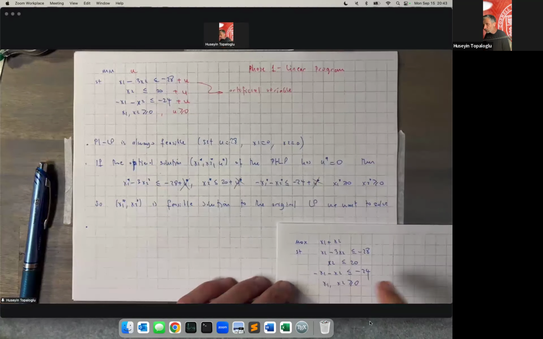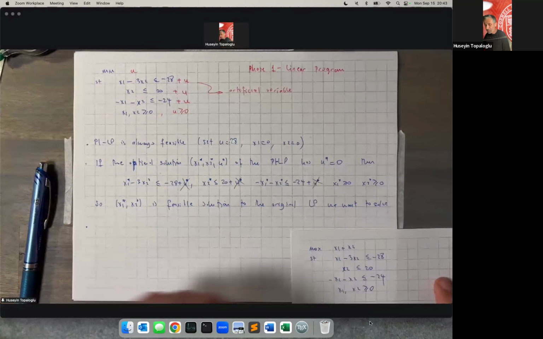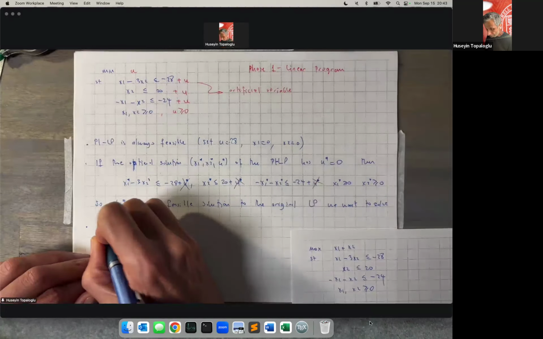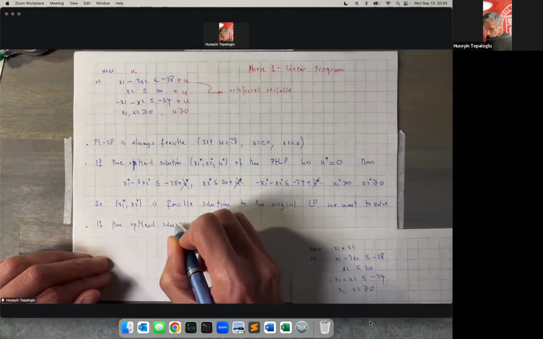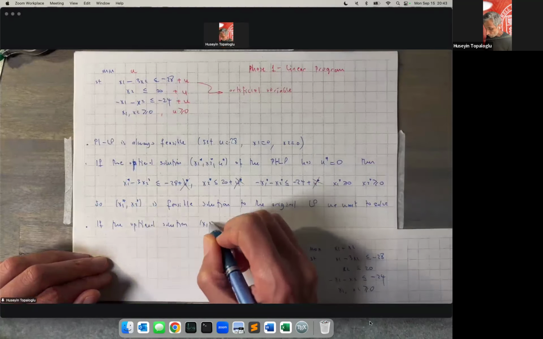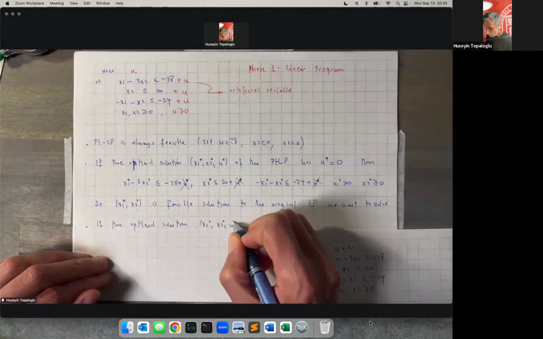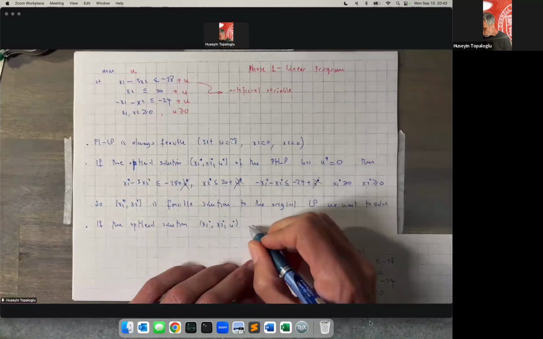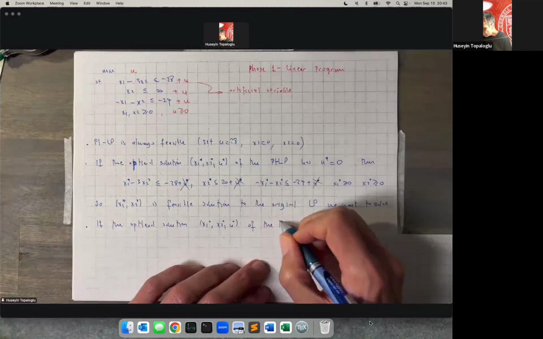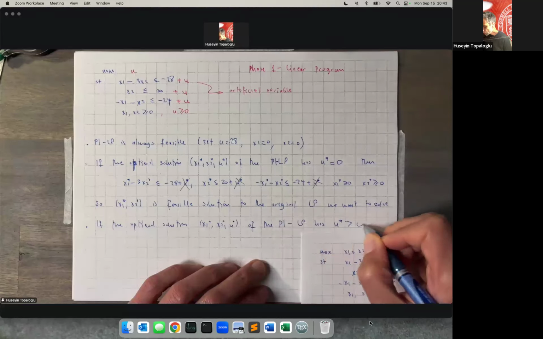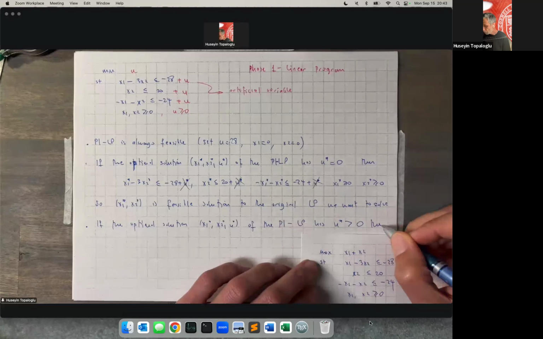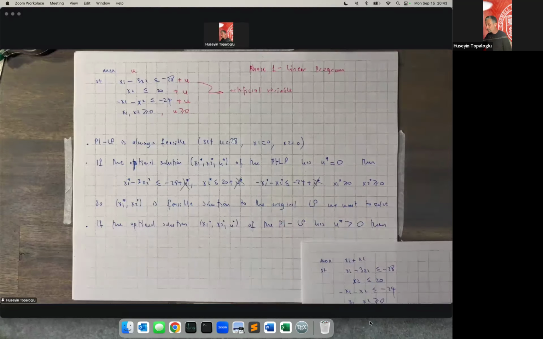That means that the original LP that I would like to solve is infeasible. If the optimal solution of the phase 1 LP has u star strictly greater than 0, then the original LP we would like to solve is infeasible.